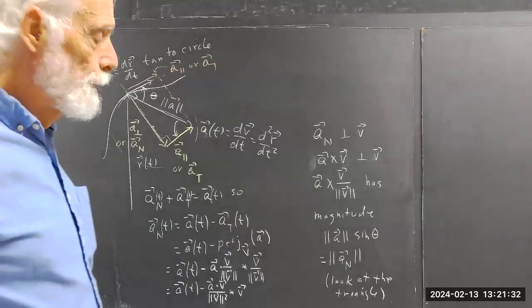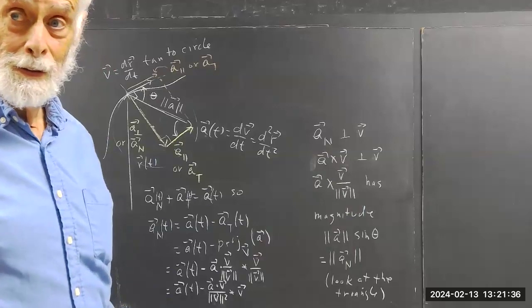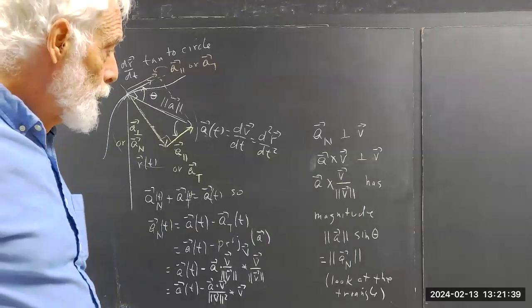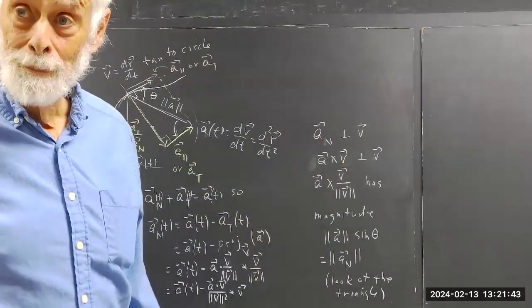So if you memorize the formula, your book gives you the magnitude of this. They probably put the whole cross product over the magnitude of B, which is the same thing.